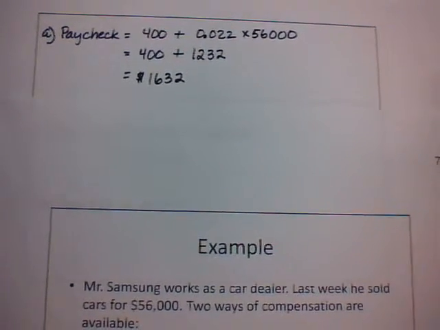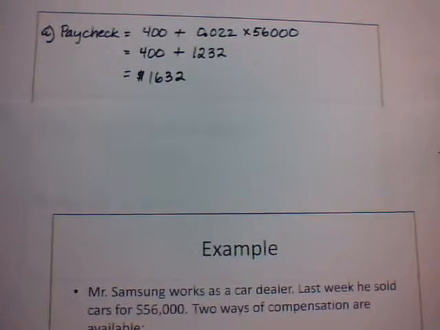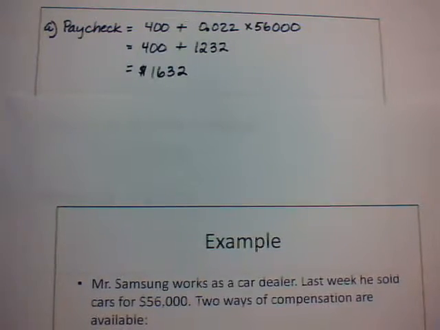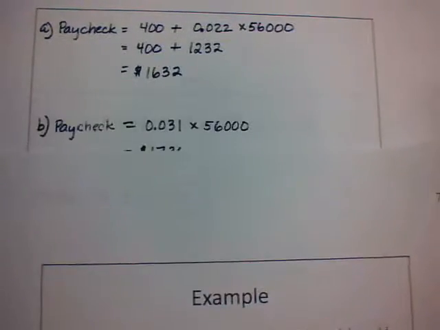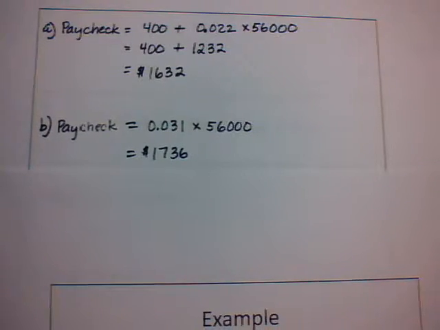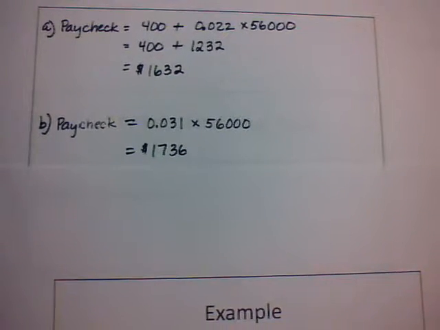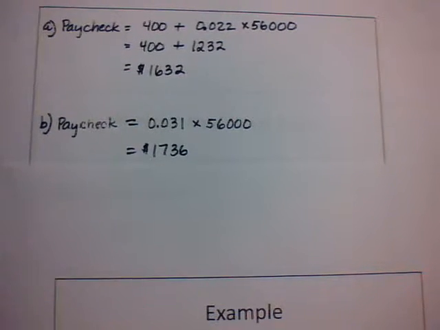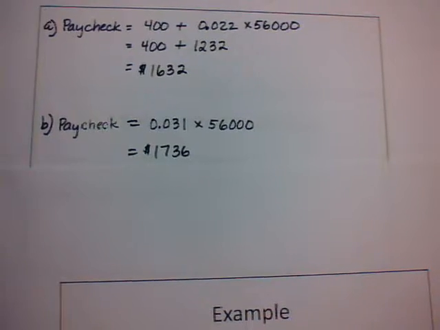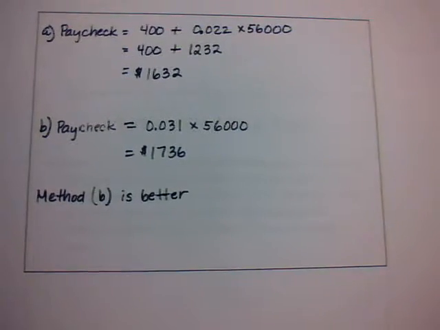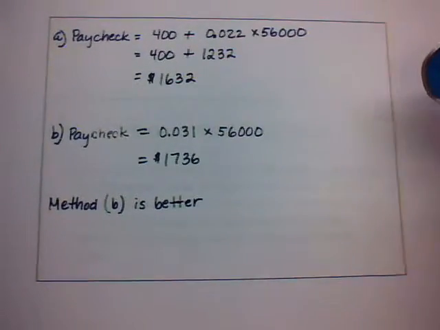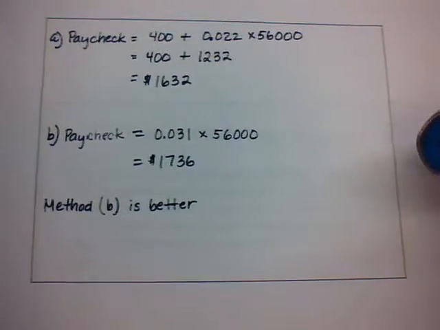So with that first option, he will get a paycheck of $1,632. The second option is just simply a 3.1% commission, which is 0.031 when you change 3.1% to a decimal, times the 56,000, and you'll get $1,736. So in this case, you'll see that method B is better, but by only $100.